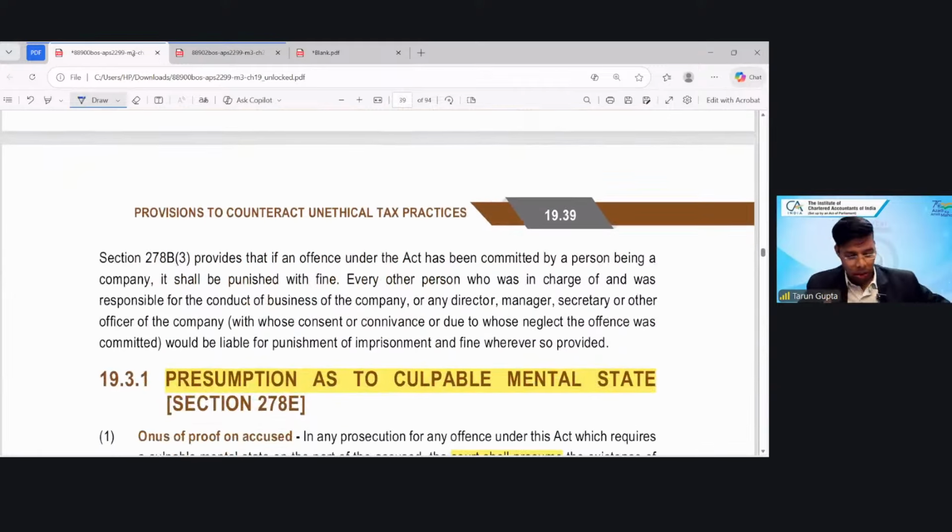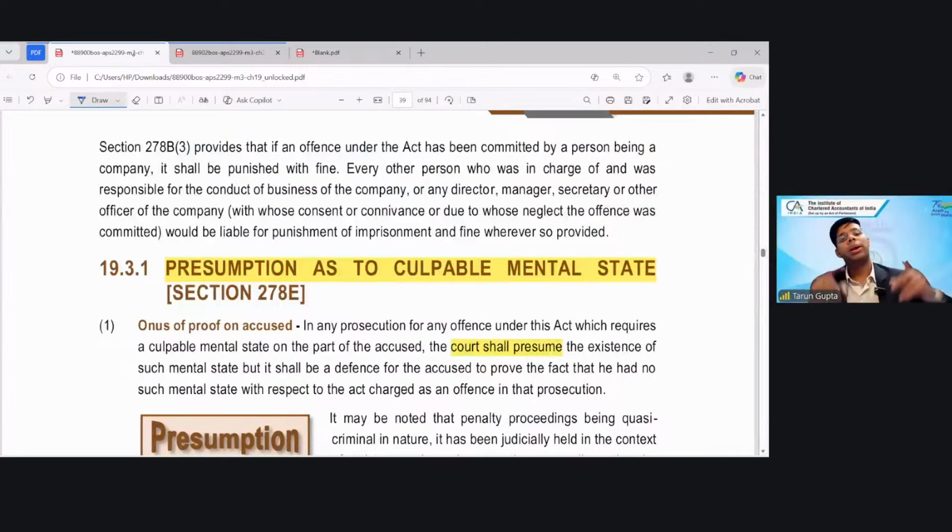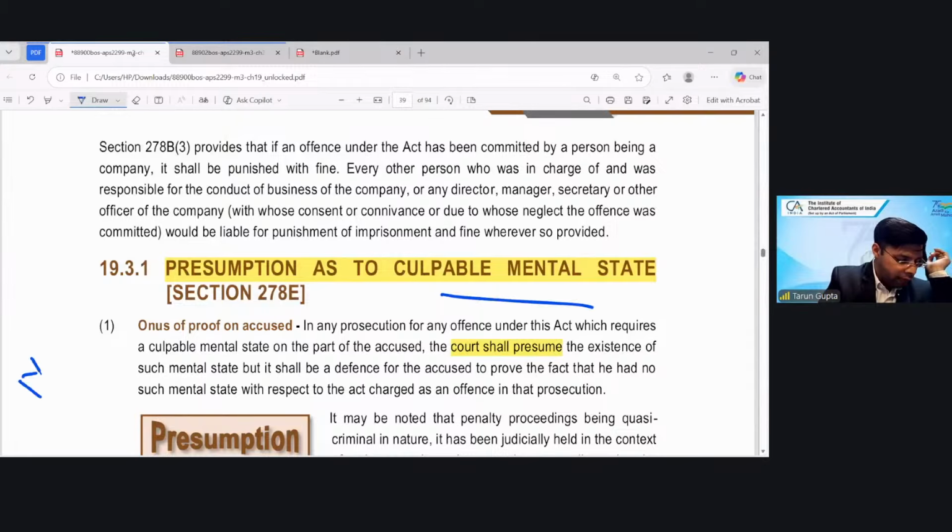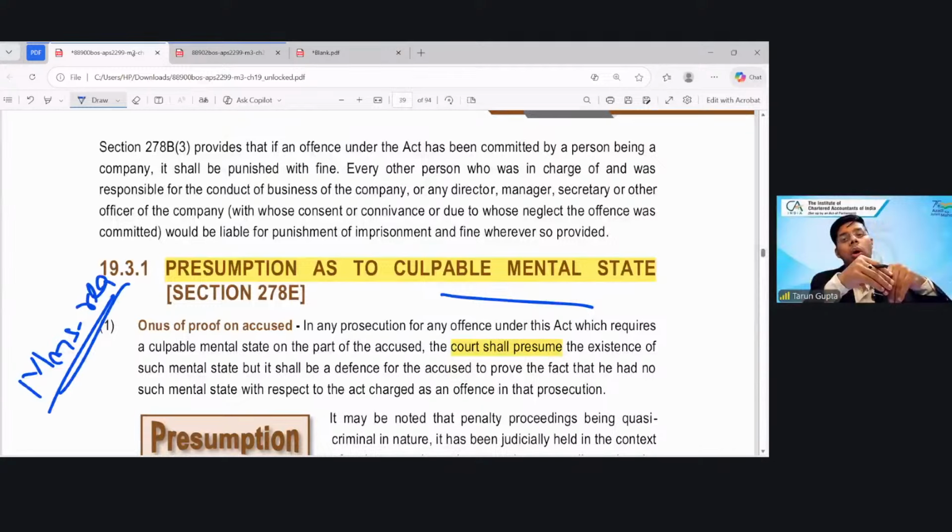Okay. This is an important presumption as to a culpable mental state. So it's mens rea. Willful offense. So prosecution can be initiated only when it was not a bona fide mistake, it was mens rea, the guilty mind. The mind actually intended to commit an offense and it was a deliberate offense.